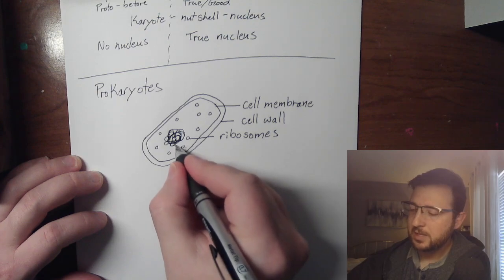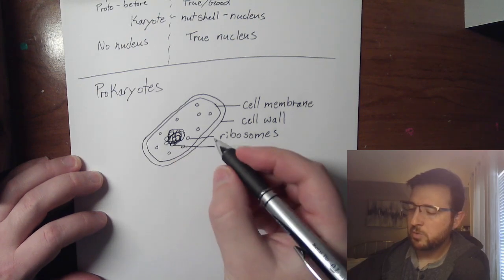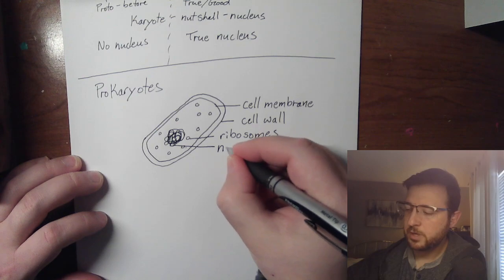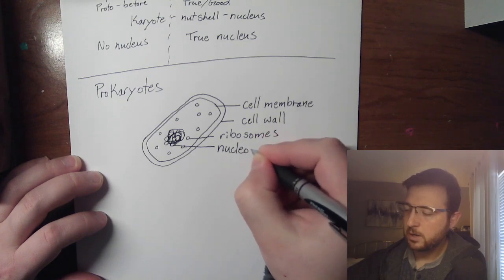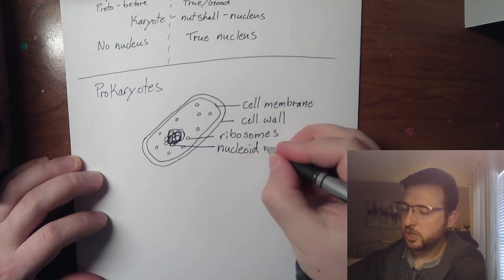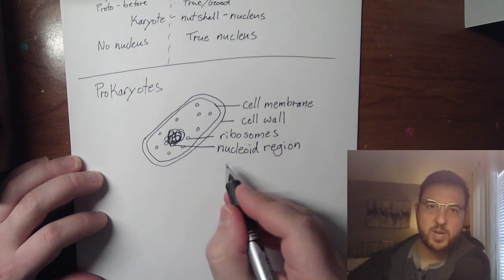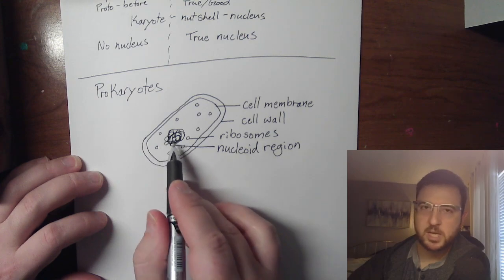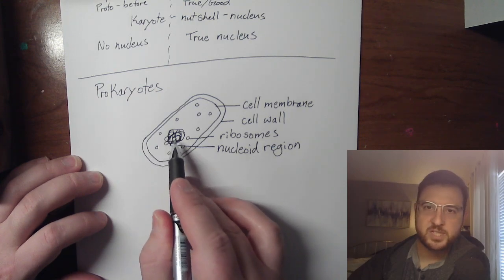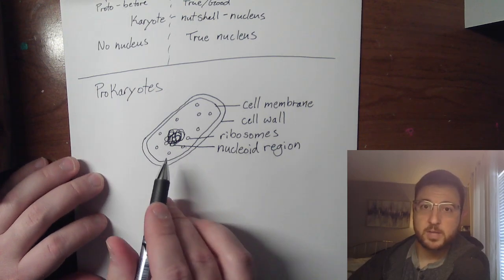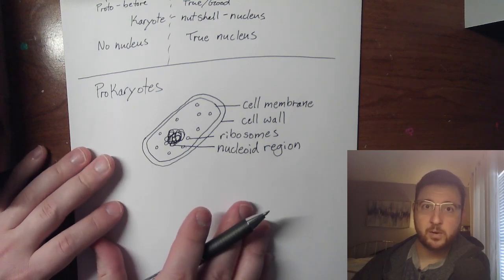And it's in this area, which gets a special name called the nucleoid region. The nucleoid region is this middle of the cell where we have all of this DNA all gathered up. That's all you need for a prokaryote.